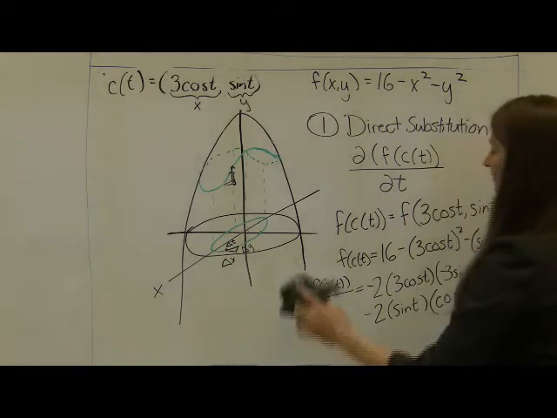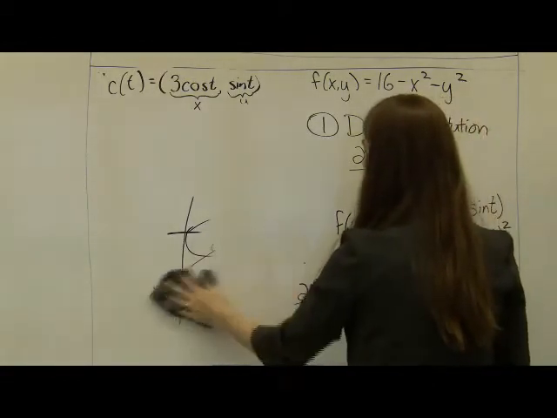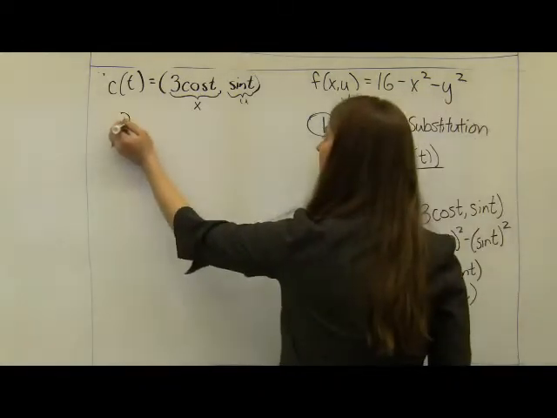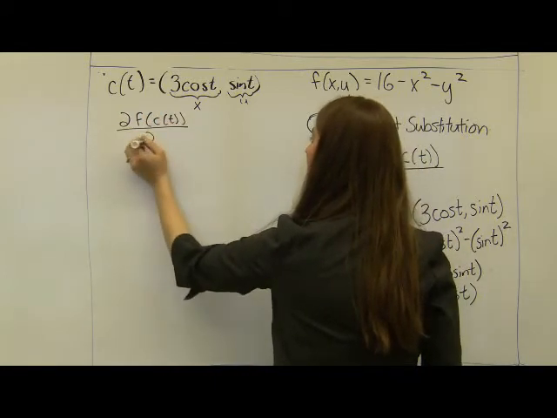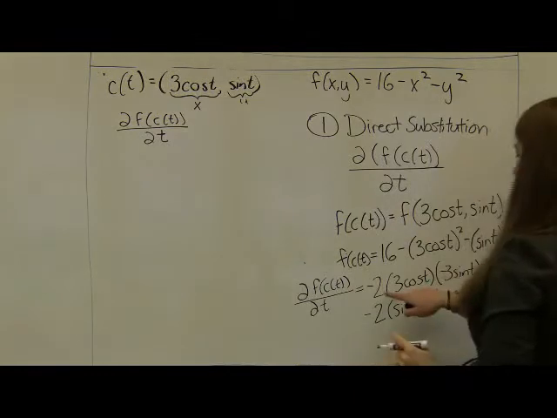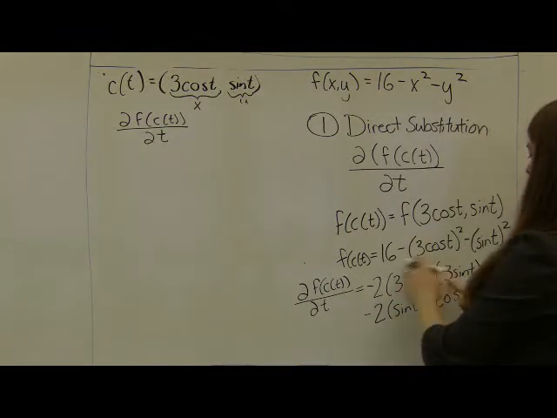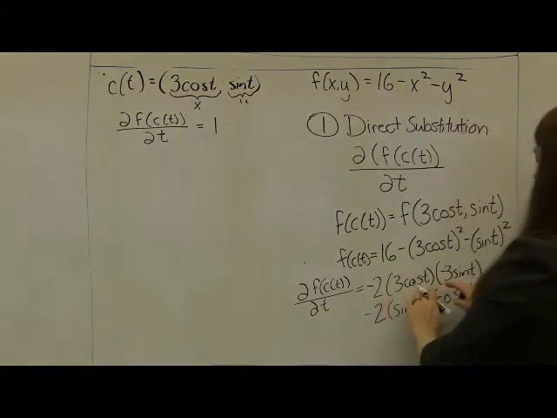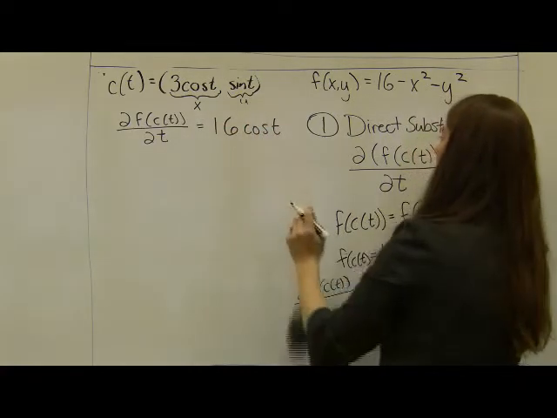I'm going to record our findings up here on the board, because it'll be interesting to compare it to what we'll find in a second using the chain rule. So up here, we just found that the derivative of the composition f of c of t with respect to t is given by negative 2 times 3 times negative 3, which becomes positive 18 cosine t sine t, minus 2 cosine t sine t, which gives us 16 cosine t sine t.